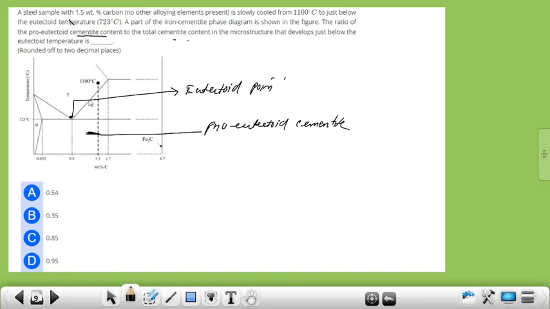This line is pro, and this is simply proeutectoid.